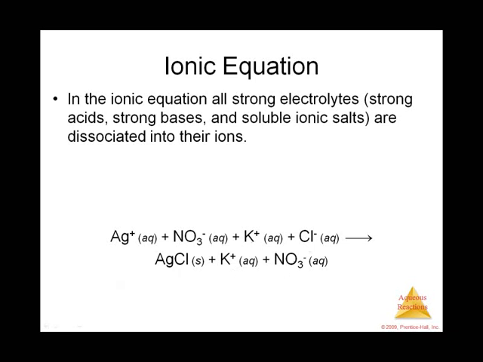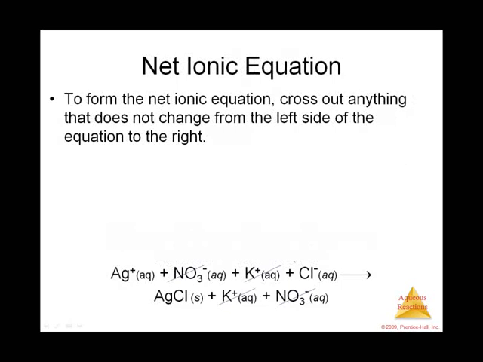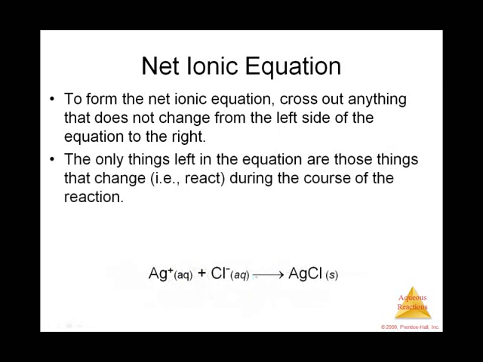Okay, and then to show the net ionic, what you're going to do is eliminate any ions or any substances that show up on both sides to simplify it, and you end up with this.